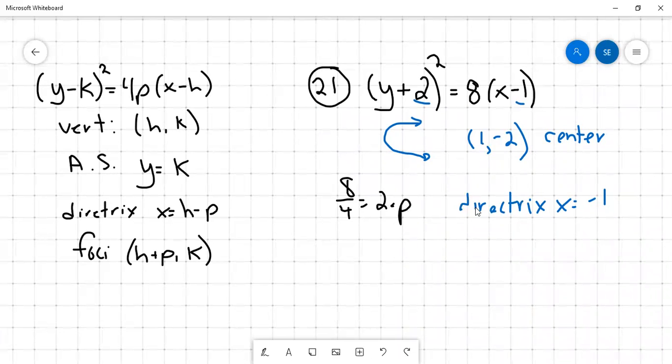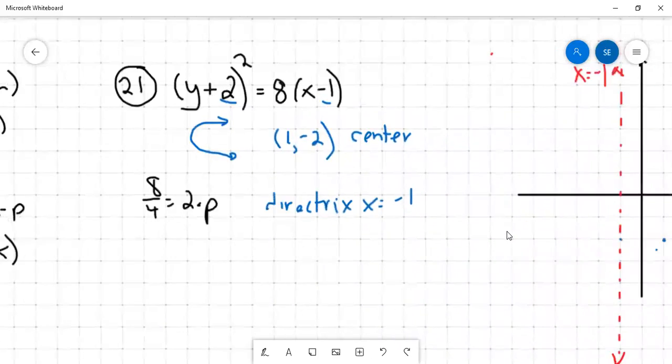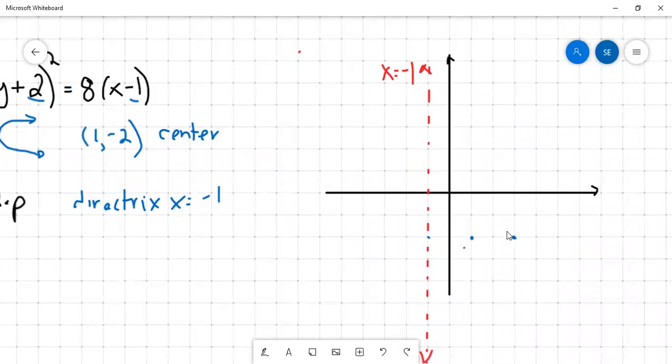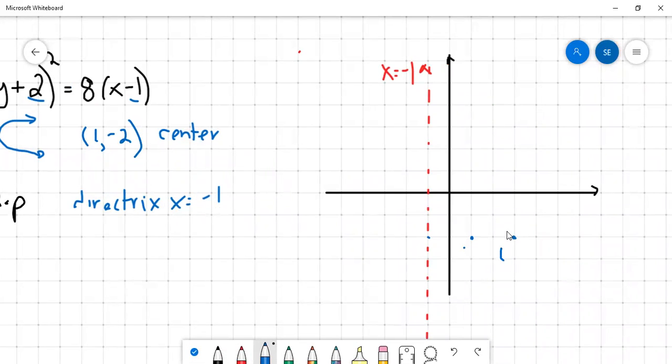And our focus, this was our focus, and that point is (3, -2). So we added p to the x value of our vertex. The x value of the vertex is 1, and we added 2 to it to get to 3.